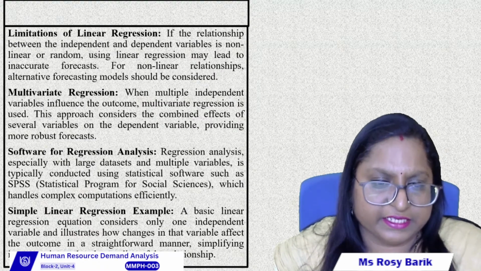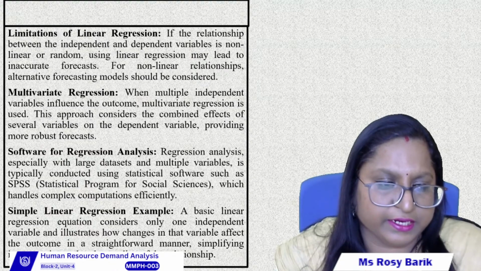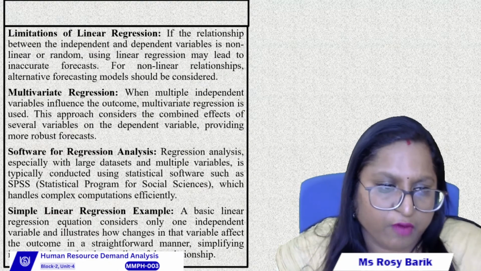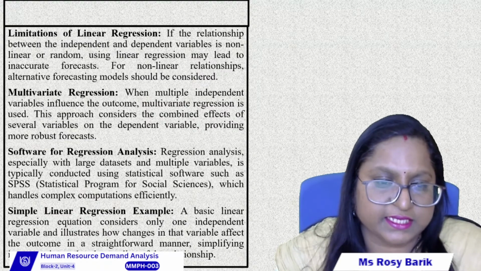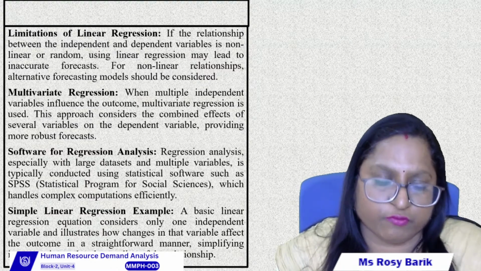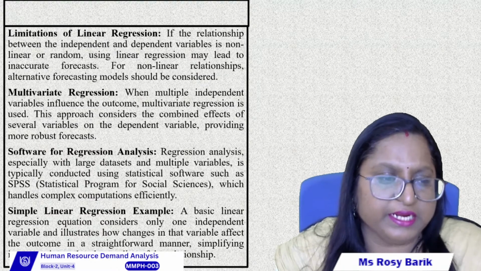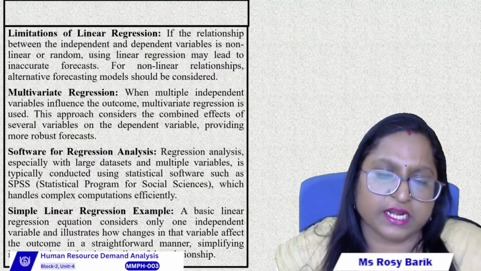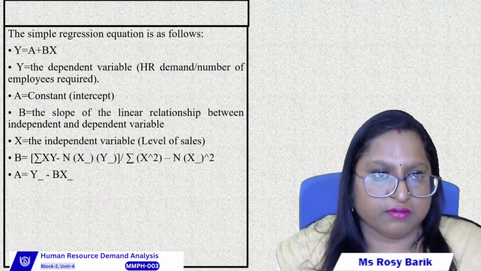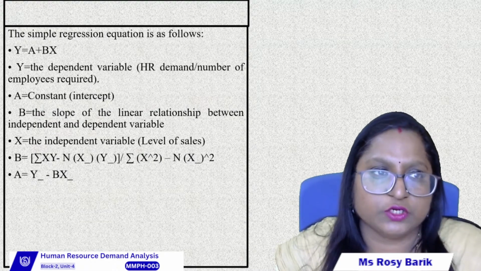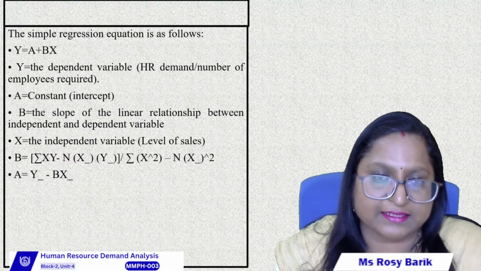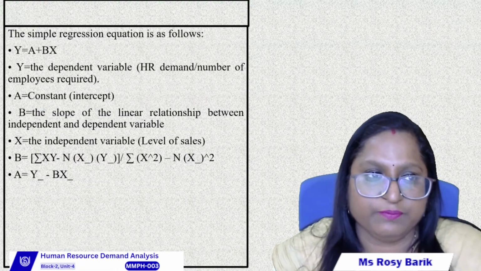Simple linear regression, for example: a basic linear regression equation considers only one independent variable, which illustrates how changes in that variable affect the outcome in a straightforward manner, simplifying the interpretation and understanding of the relationship. We can see the equation will be y is equal to a plus bx, which is the equation of a straight line.